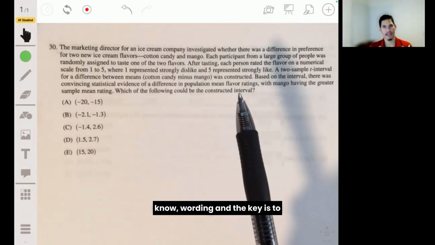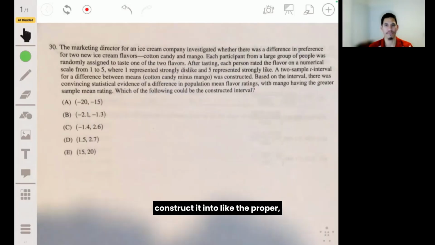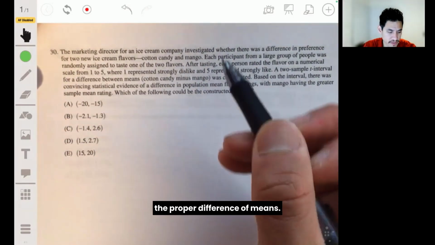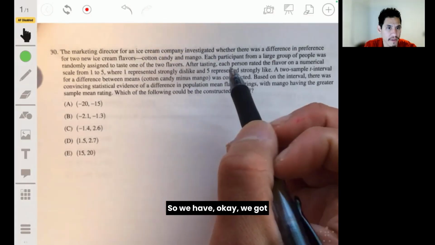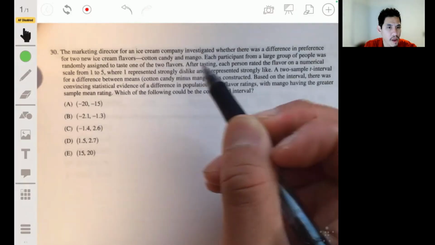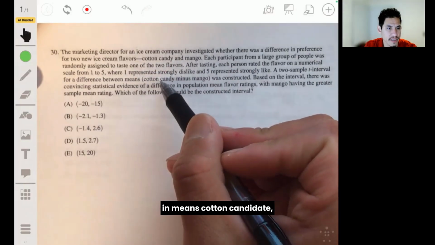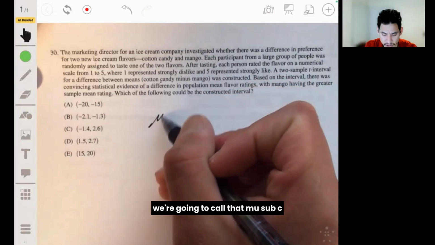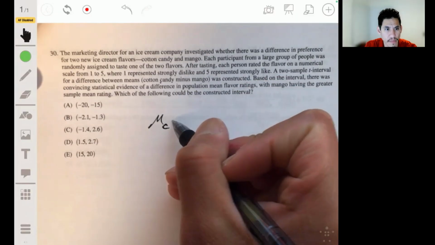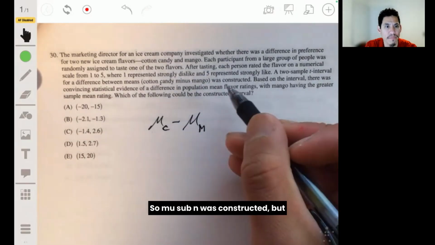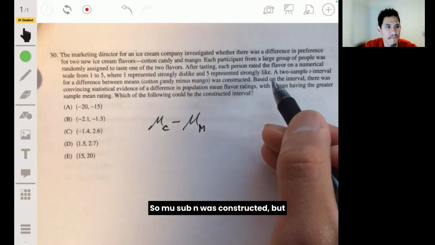Okay, this is a lot of wording, and the key is to construct it into the proper difference of means. So we have a two-sample t-interval for difference of means: cotton candy, we're going to call that mu sub c, minus the mean of mango, mu sub m.